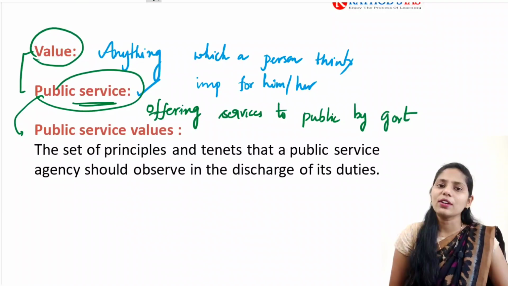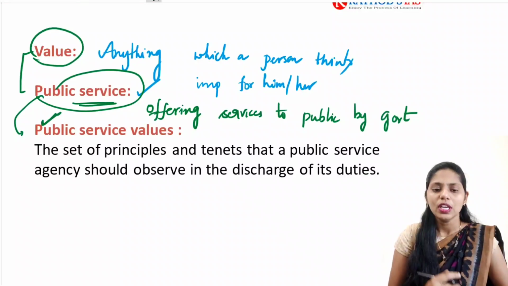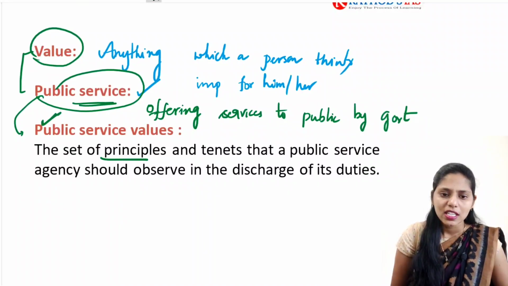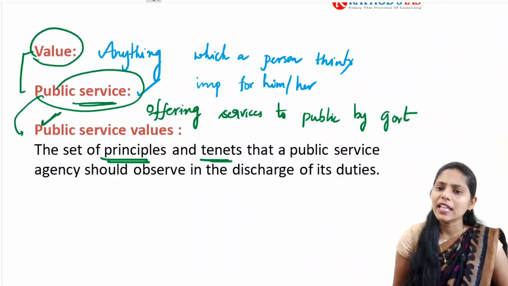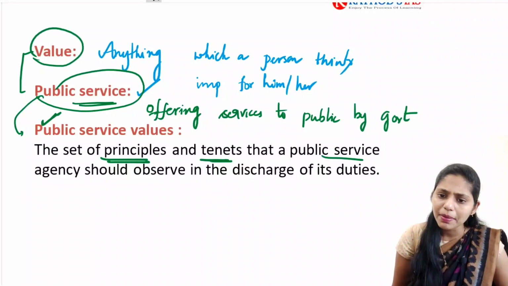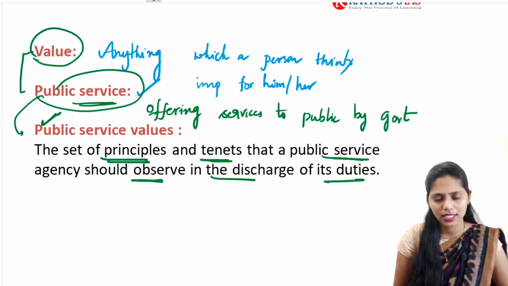Now let us see the definition of public service values. It is mainly defined as a set of principles and tenets that a public service agency should observe in the discharge of its duties.